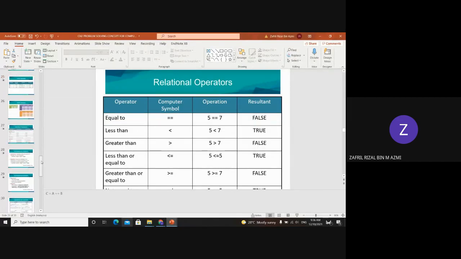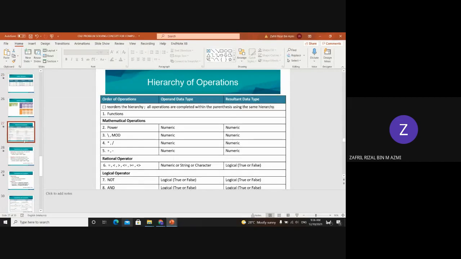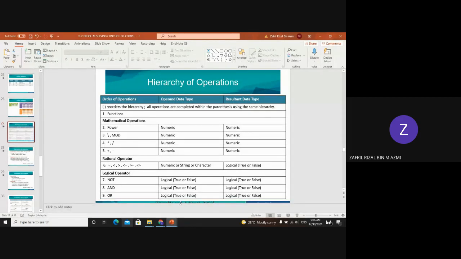But what if the equation involves more than one operator? A combination of all the operators. So how do you solve it? You need to refer to this table of hierarchy.